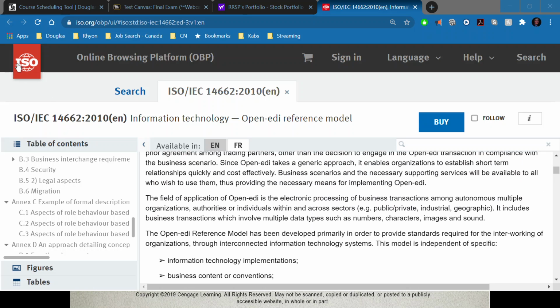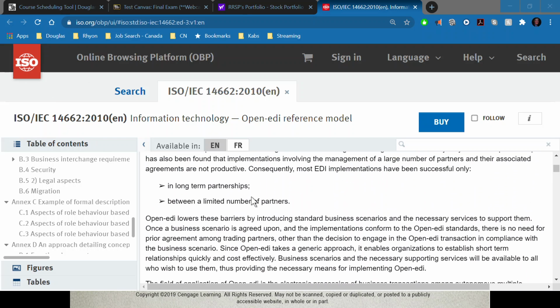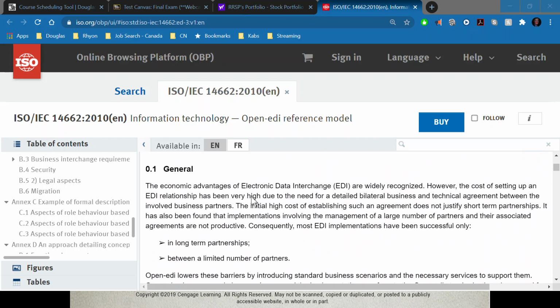So what the ISO does, and I think you need to be aware of this, is to see if your company is, or maybe you could join it and start to follow their regulations, standards, and practices, because it could be very advantageous to a company because they can then work with so many more partnering companies. It's a common platform for electronic data interchange.